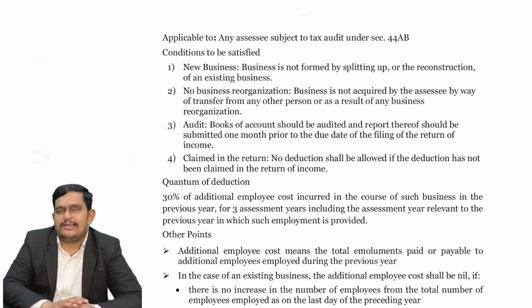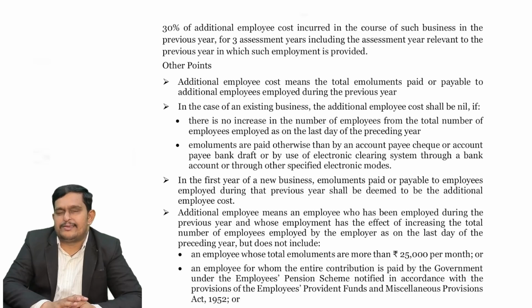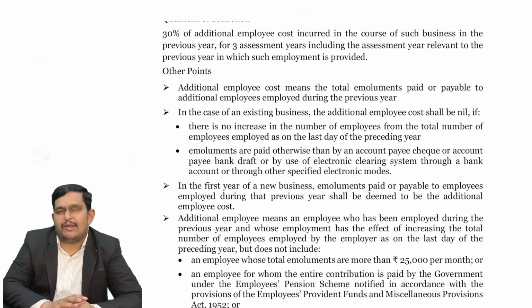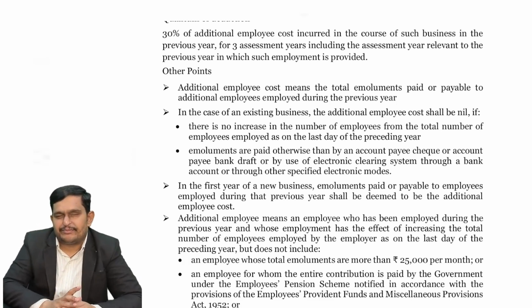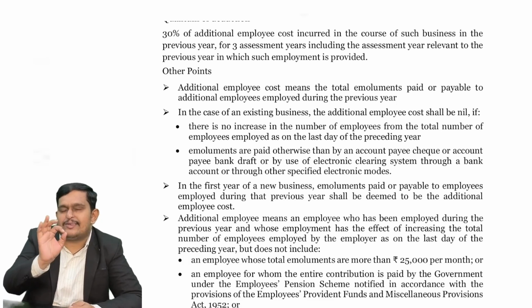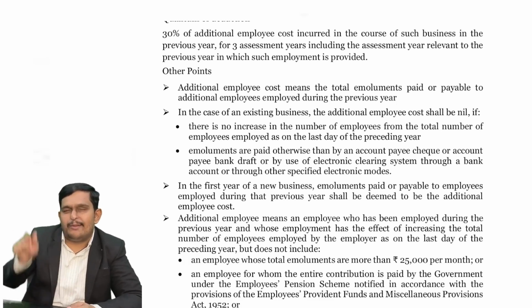Now, what is an additional employee? Suppose it's a new business, additional employees are those employees who are on payroll on the 31st March of the previous year. Right? Because it was 0 employees first.